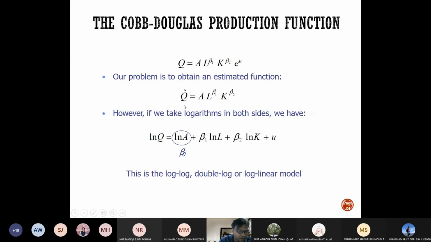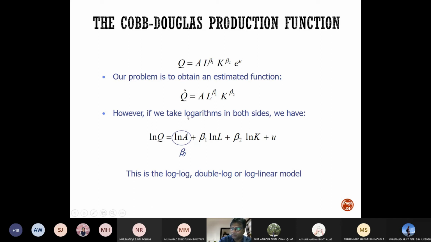Usually the Cobb-Douglas function will be like this. The first one is the general form with the stochastic disturbance. The second one is usually the very basic form, which you can learn for your level. It will be in that form.